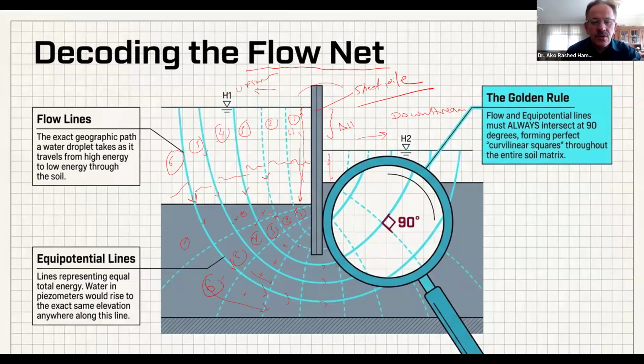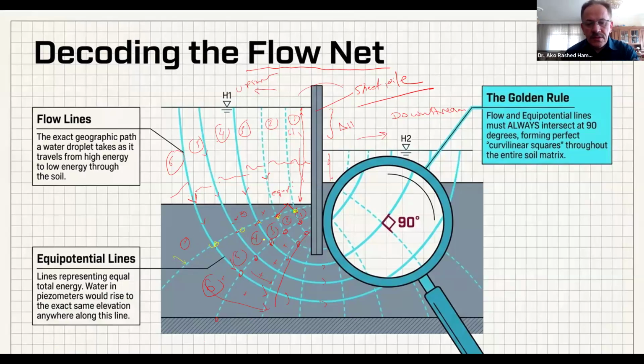Some of the points have the same pressure. Those points are called equipotential lines. These lines represent the pressure lines, and they are called equipotential lines.